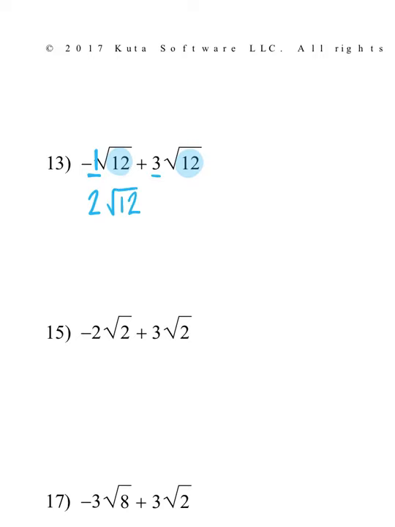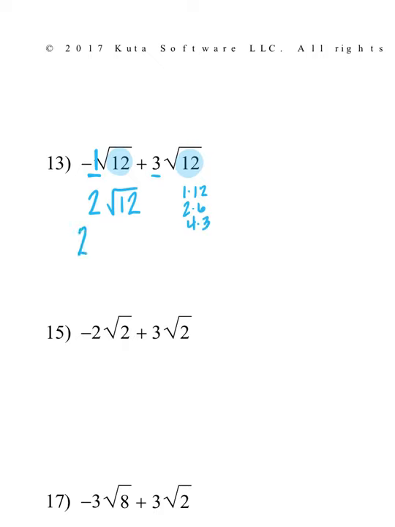which is correct, but I also know that there's a perfect square in radical 12 that I can pull out. So I'm going to break down radical 12 because the factors of 12 are 1 times 12, 2 times 6, and 4 times 3, or 3 times 4, either way.